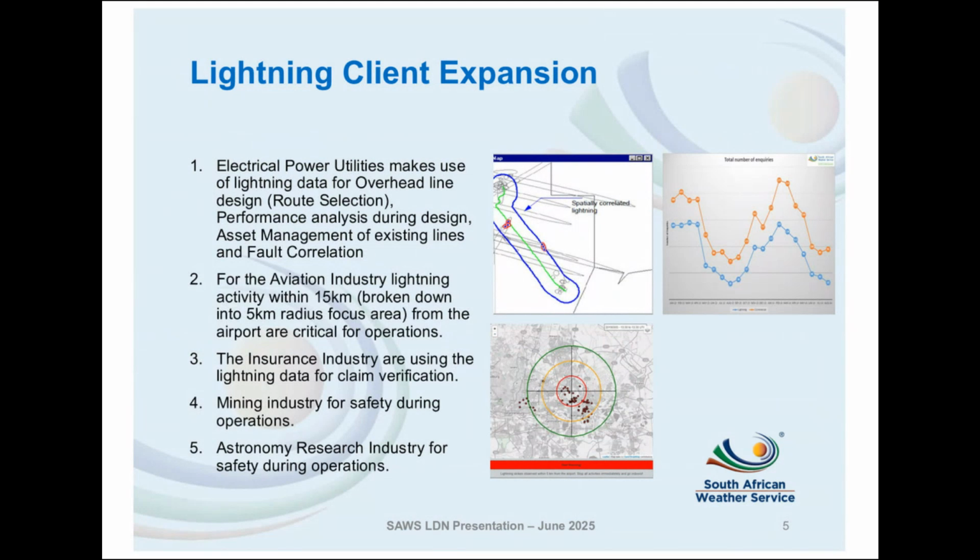In the aviation industry, it's also used to safeguard against danger that could occur when lightning gets too close to the airport, and therefore they use focus areas that are divided up in rings of about 5-kilometer radius up to about 15 kilometers away from the airport.